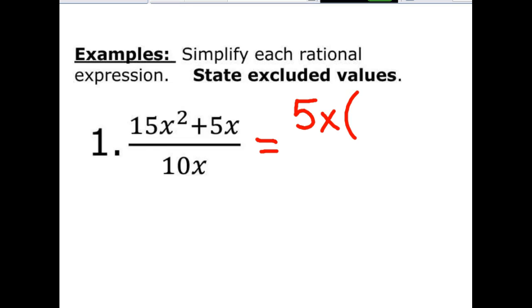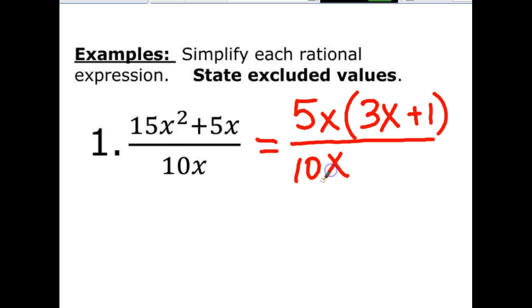And so when we divide that by 5, we get a 3. Divide that by x, we have 1 x left. And then what? 5 divided by 5 is 1. Now, this 5x right here, are there any adding signs right here?